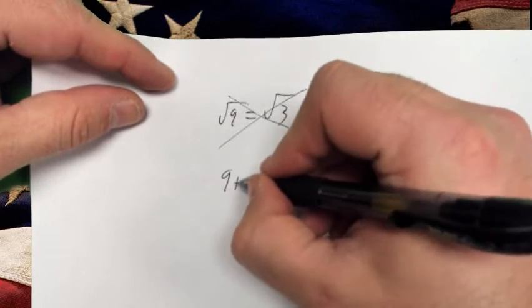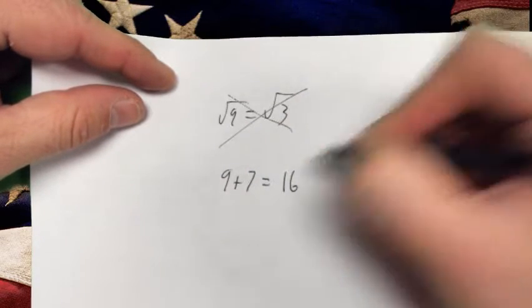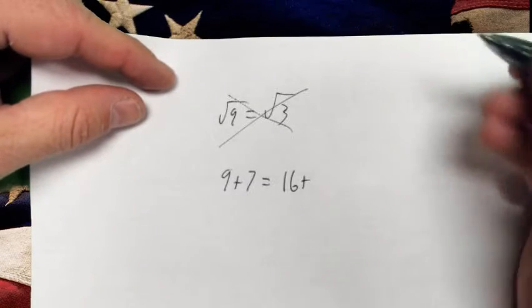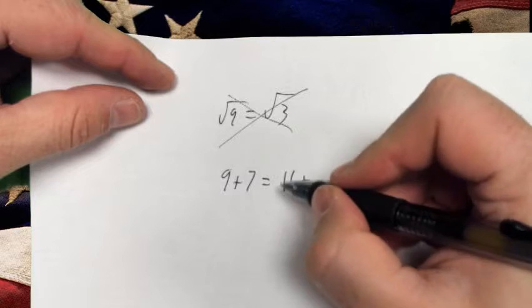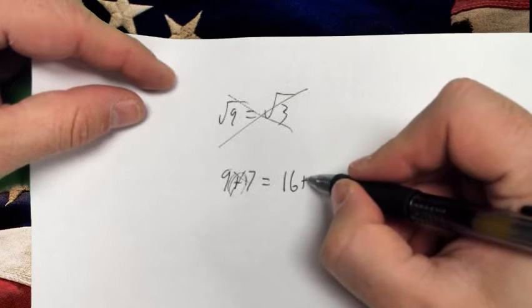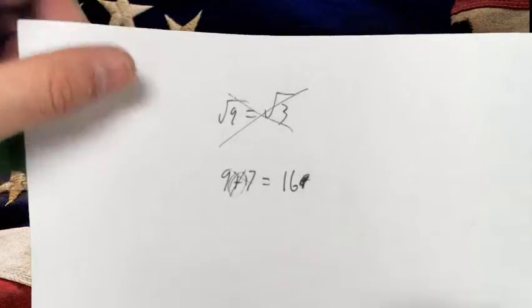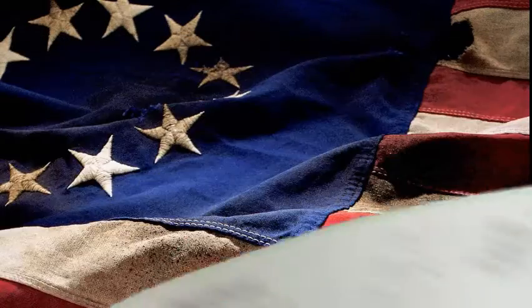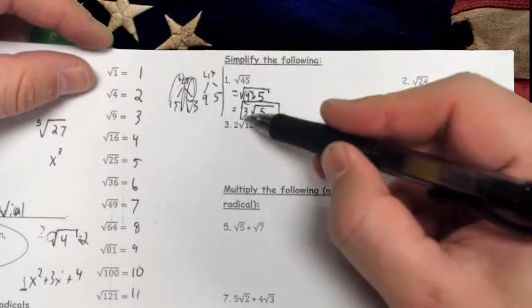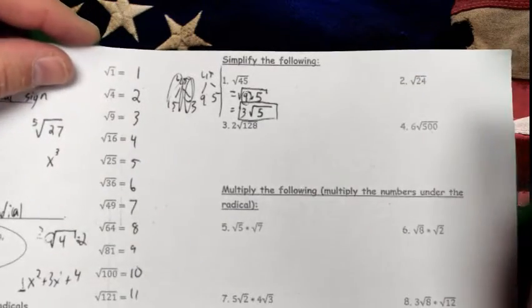If I do 9 plus 7, that equals 16. You would never write 9 plus 7 equals 16 plus. Because in the act of performing this, the plus sign gets consumed and is completely gone and does not exist anymore. So please do not write that square root in front of the 3. It's going to be gone as soon as you take the square root.